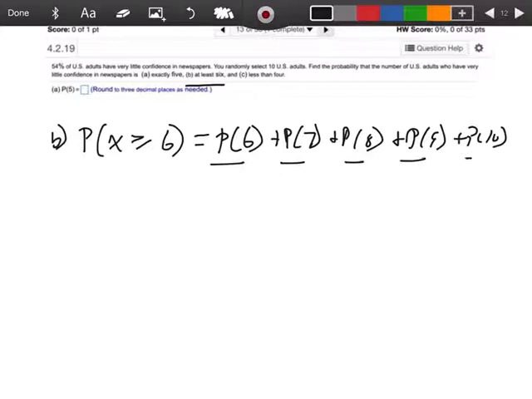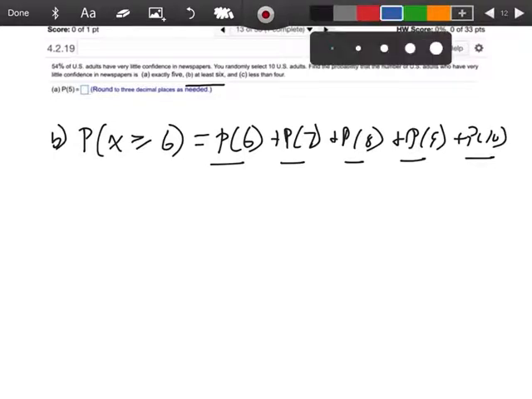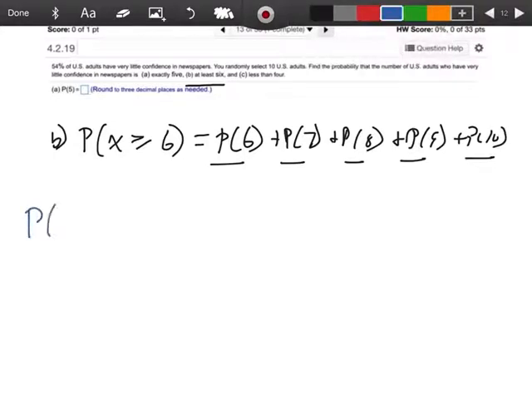I could do each of these like I did for part A, looks like 5 times, once for 6, once for 7, one for 8, one for 9, one for 10, and then add them all up. But we could also say if I want to find the probability that X is bigger than or equal to 6, that's the same thing as 1 minus the probability that X is less than or equal to 5.